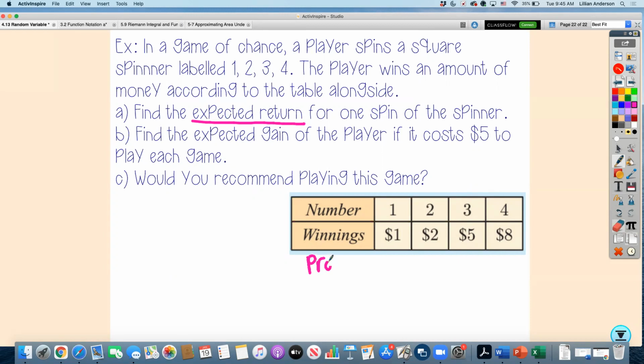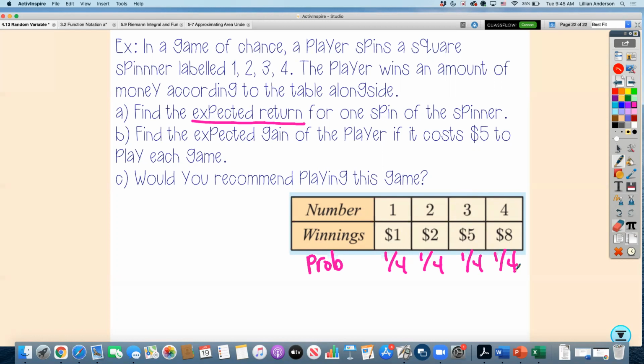Now, what's the probability that's associated with each one of these sections of the spinner? It's going to be 1/4, okay? Because it doesn't say that one particular section takes up more real estate than the other. So we can assume that each section is equally spaced.